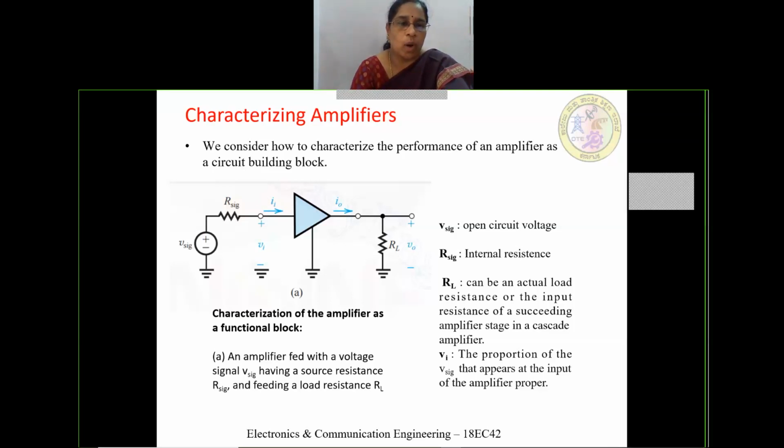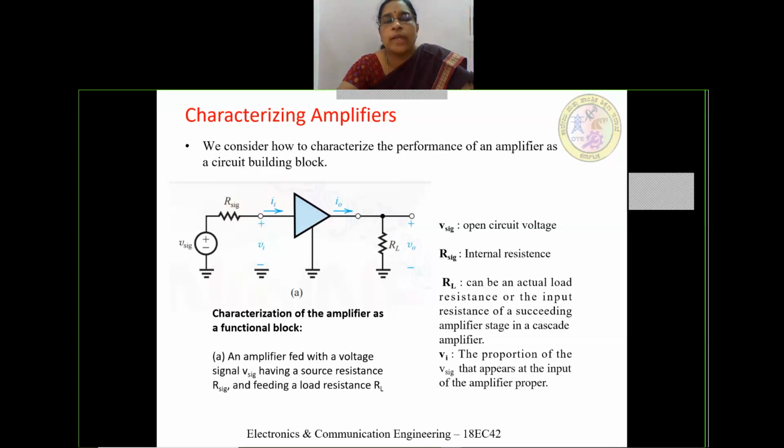a functional block of the amplifier. So now just observe figure A, or circuit A. Here we observe some terms: there is a signal source V signal, and then there is a resistor R signal. V signal and R signal represent the signal source, where V signal is the signal amplitude and R signal represents the internal resistance of the signal source.